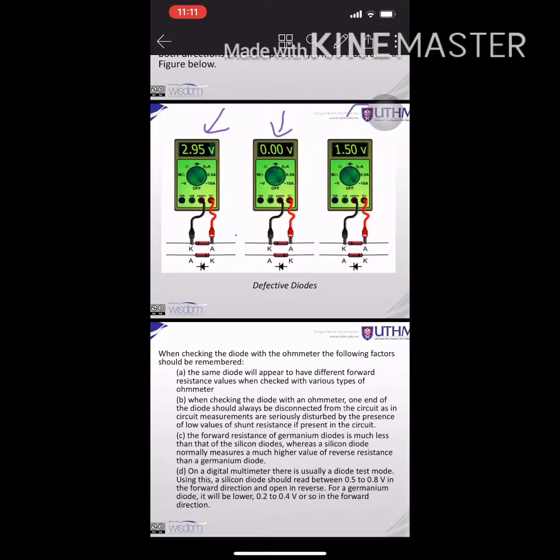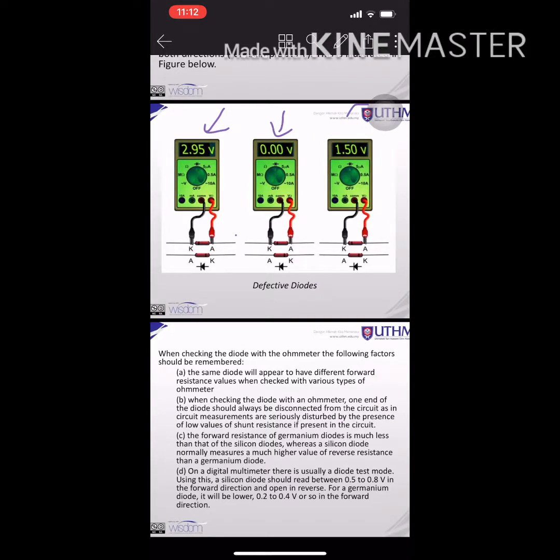Okay, another one is the forward resistance of germanium diode is much less than that of the silicon diode. Okay, macam saya cakap tadi, kalau kita menggunakan diode yang berbeza, sama ada kita gunakan germanium ataupun silicon, we need to make sure that there is some difference in their reading on the forward bias.